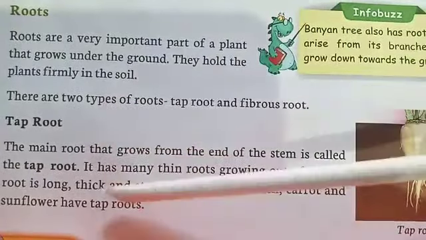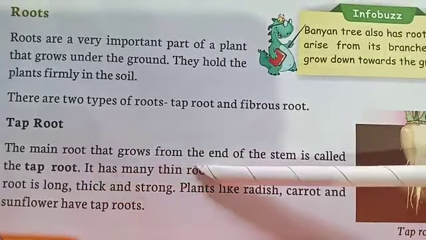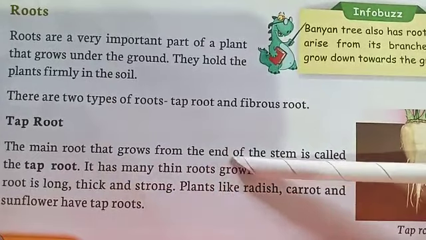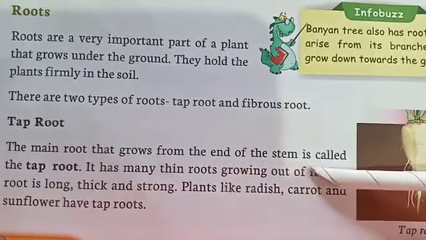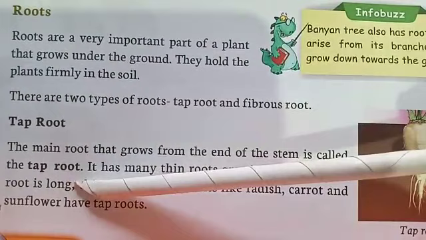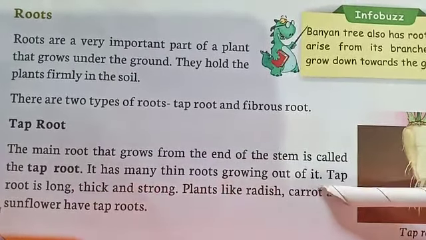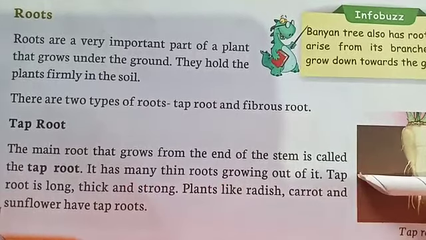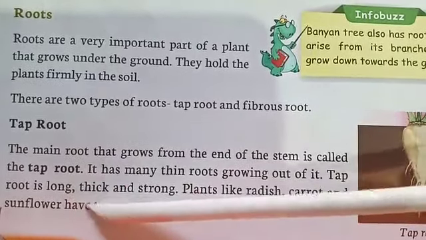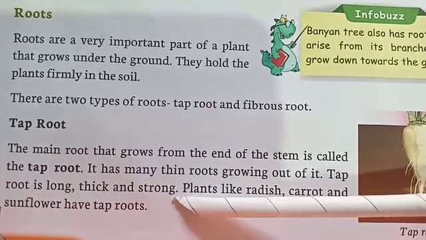Taproot. The main root that grows from the end of the stem is called the taproot. It has many thin roots growing out of it. Taproot is long, thick and strong.